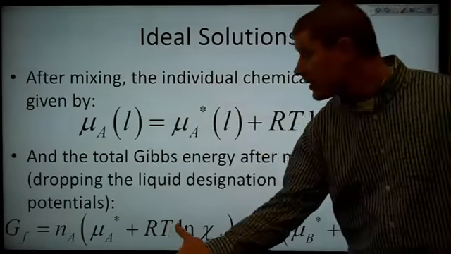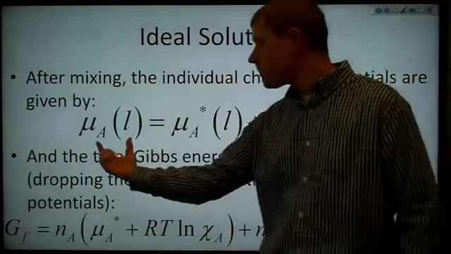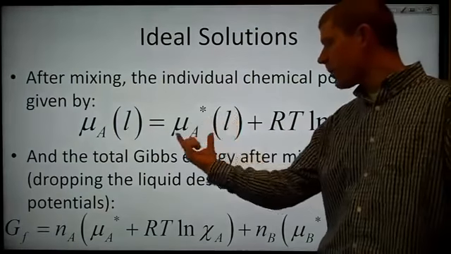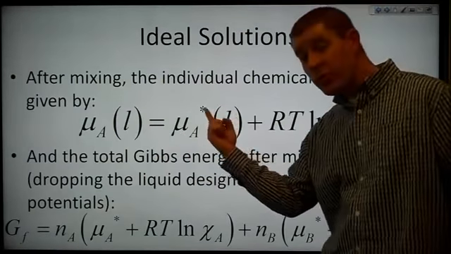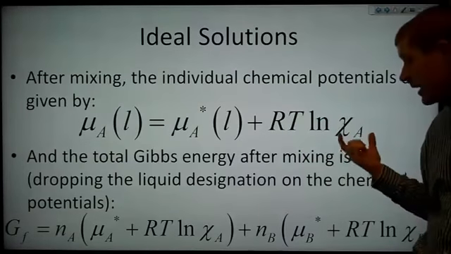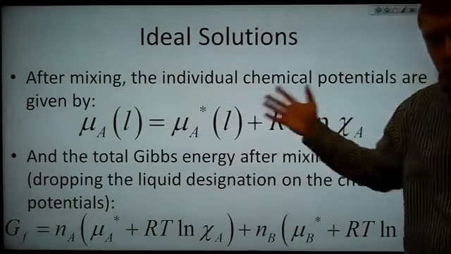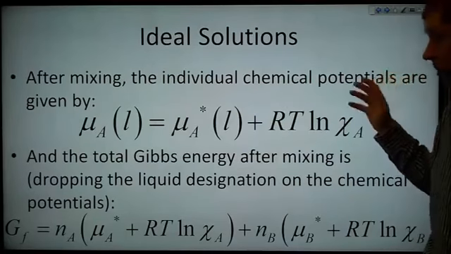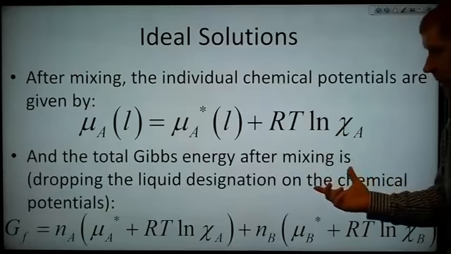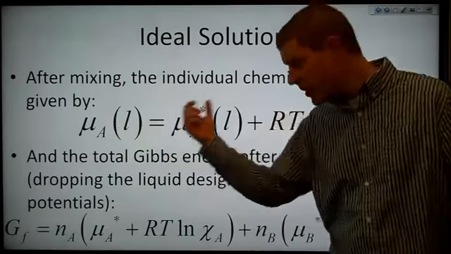And after mixing, now the individual chemical potentials are given by this equation, so the chemical potential of A in the liquid phase is equal to the chemical potential of A while it's pure in the liquid phase plus RT times the natural log of the mole fraction of A in our mixture, and a similar expression for B. So this means now the total Gibbs energy after mixing, and here now we're going to drop the designation of the liquid phase here.